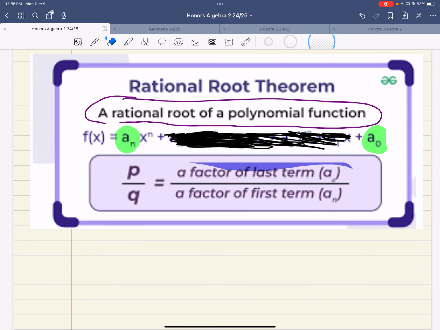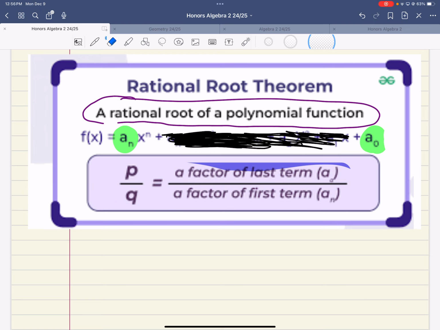You don't need that P right now. So we have f of x equals a sub n x to the n, plus, then just put a sub 0. All of this inside of here is just more stuff. This a sub n is your first term, and this a sub 0 is your last term.